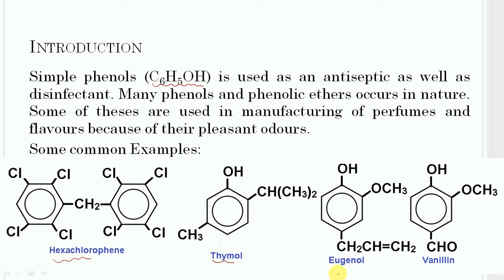The clove oil contains a phenol which is called eugenol and it is used by dentists as an antiseptic. Similarly, vanillin present in oil of vanilla beans is used as a flavoring agent in many confectionery items. So it is all about the introduction of the phenol.